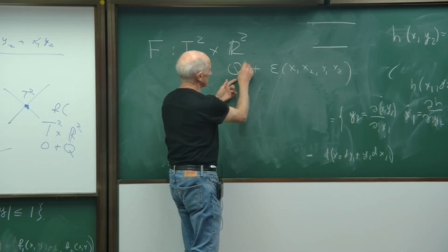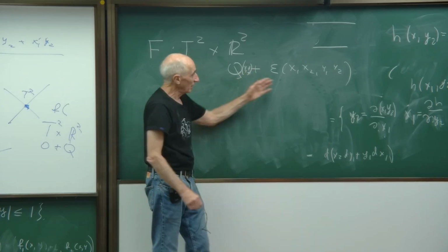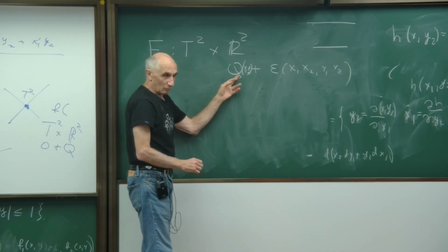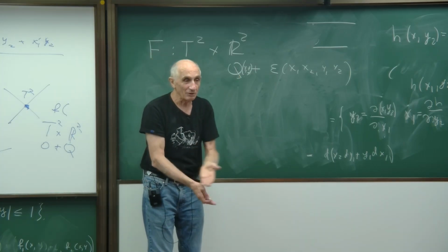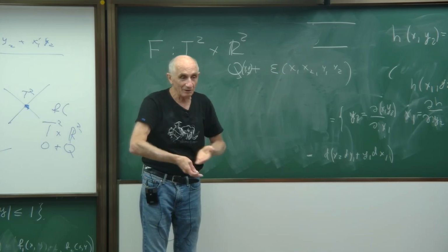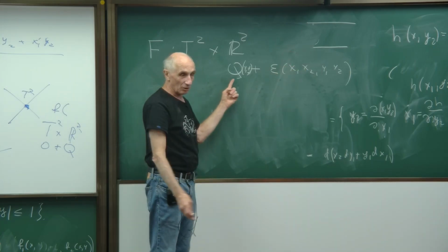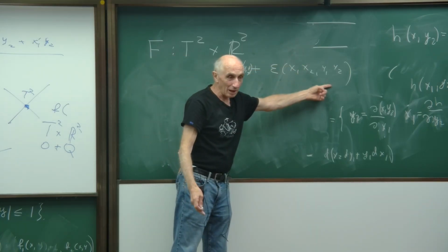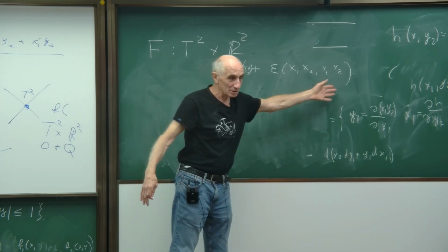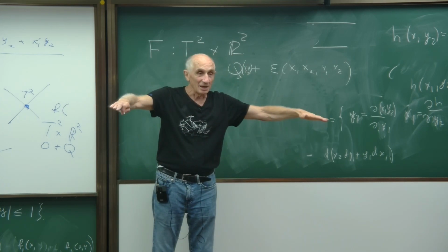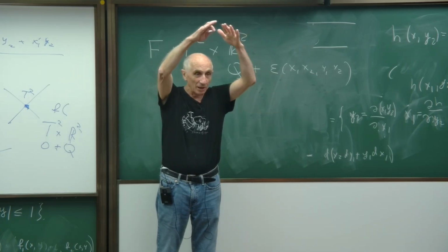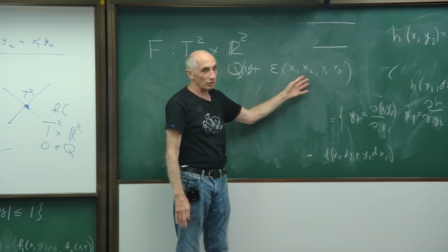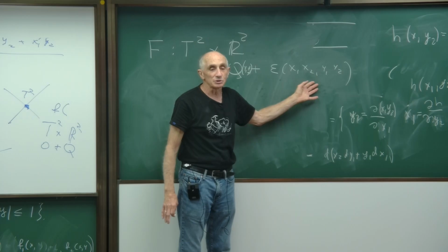So this was a Q of y1, y2, this quadratic form. For a quadratic form, its derivative grows linearly. So the derivative of this function at infinity goes to infinity. And when I add a bounded periodic function, the derivative never cancels it. And so if I cut it off far away, it does not introduce any new critical point.